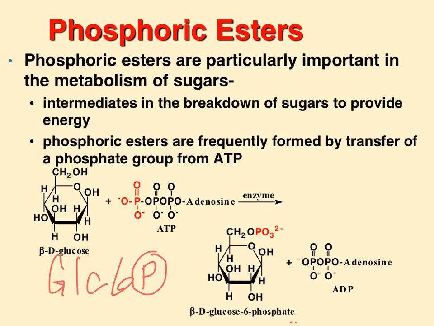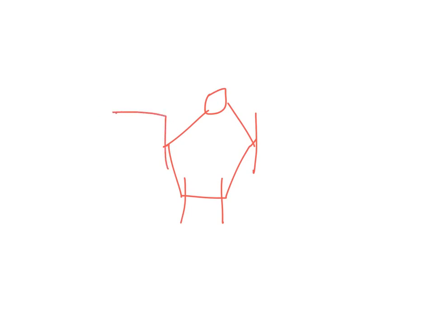Another really important phosphoric ester that we'll talk about in greater detail in chapter 8 is this one. By chapter 8, I expect you to know how to draw this. The oxygen goes on up.